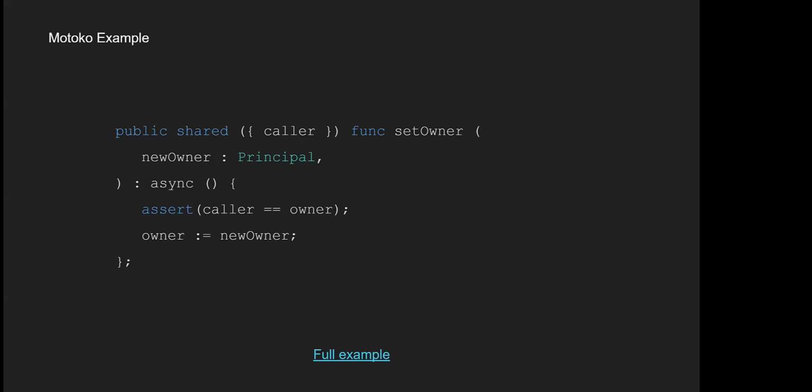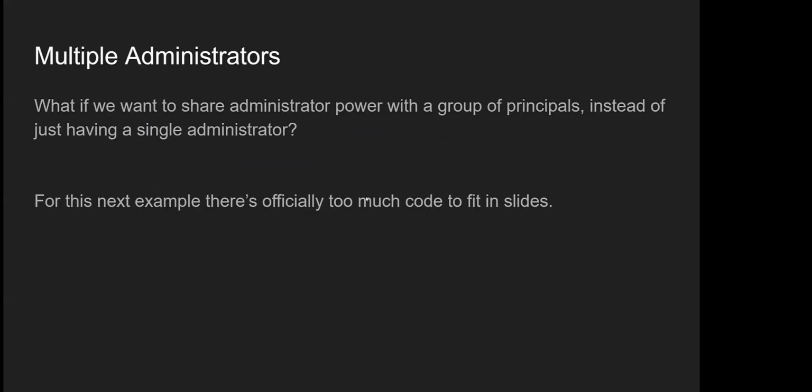This is if we wanted to allow our admin to change who the admin is, we can simply assign a new owner inside of a set owner function like this. I'm going to glance over that pretty quickly, because I think it's probably fairly clear to the Motoko Bootcampers at this stage in the game.